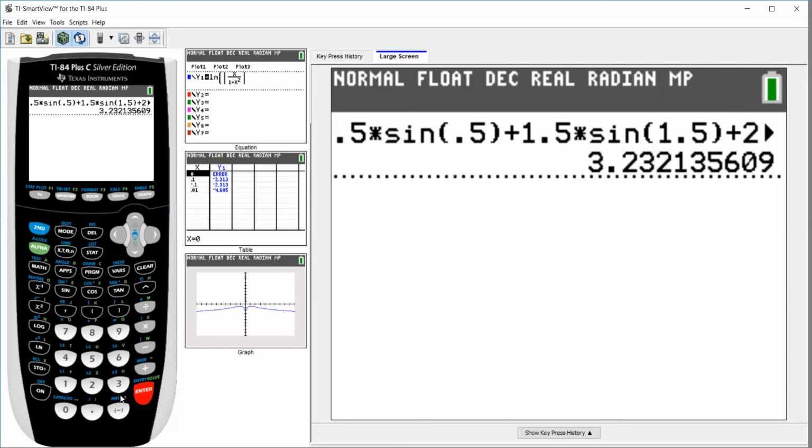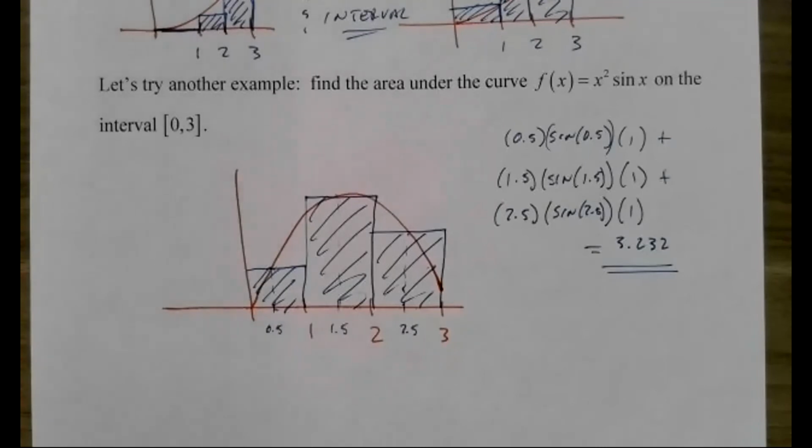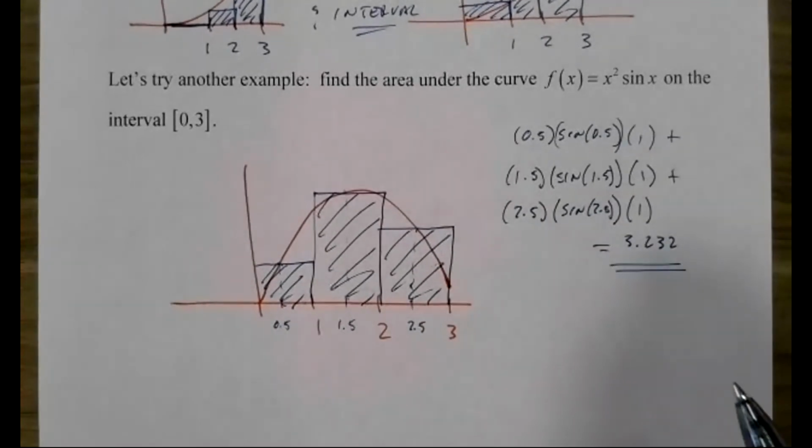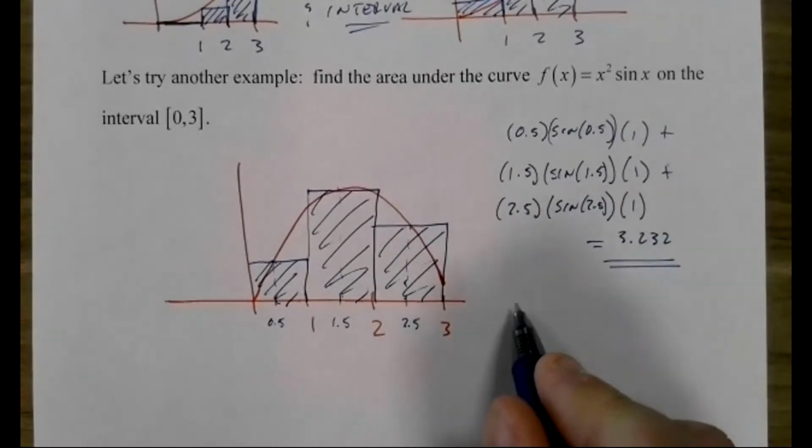We get 3.232. I'm going to write that down on the page over here. We'll bounce back and forth real quick. So 3.232, no units.